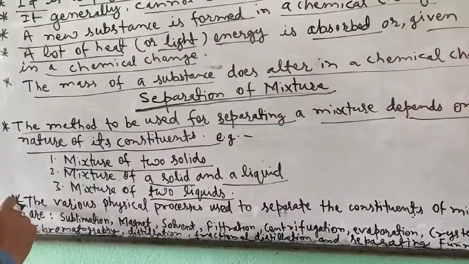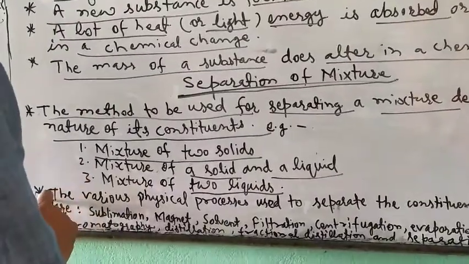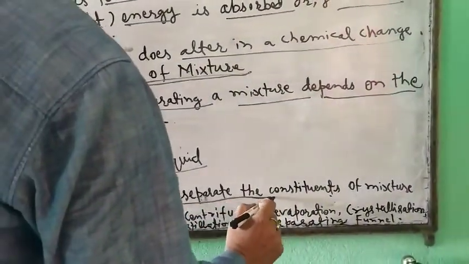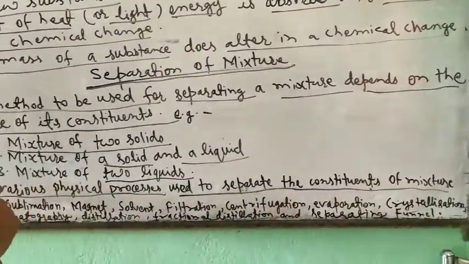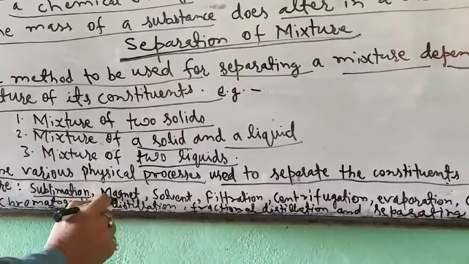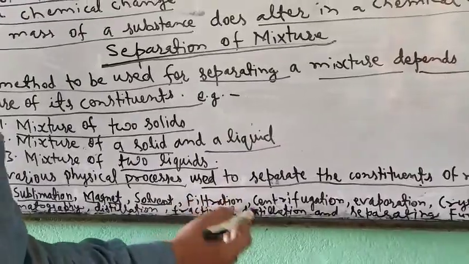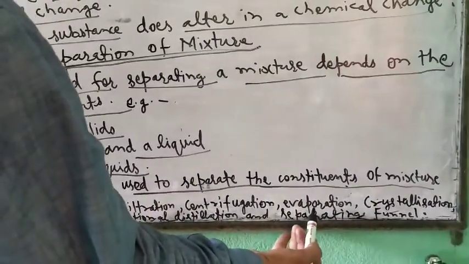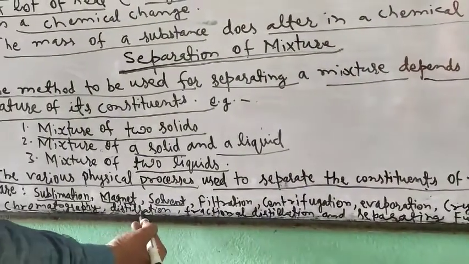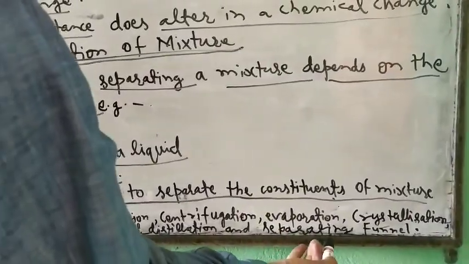The various physical processes that are used to separate the constituents of mixtures are sublimation, magnet, solvent, filtration, centrifugation, evaporation, crystallization, chromatography, distillation, fractional distillation, and separating funnel.